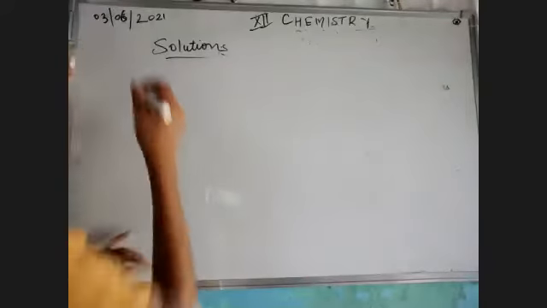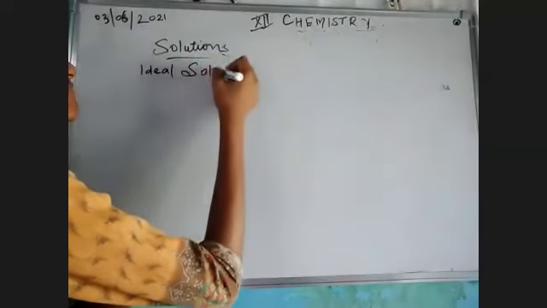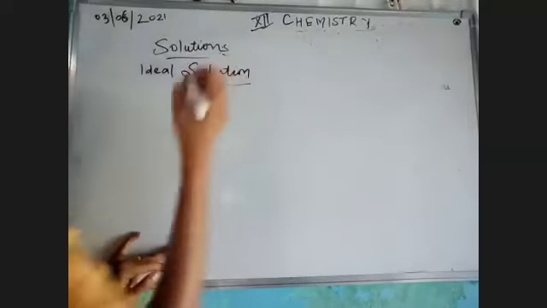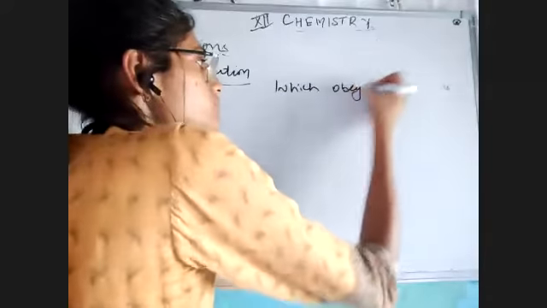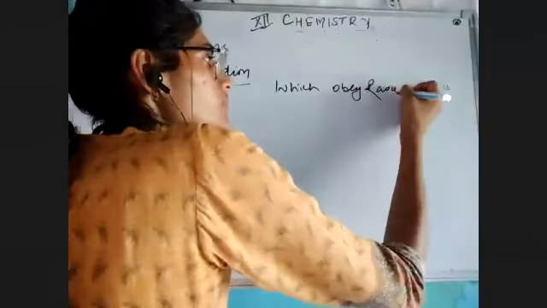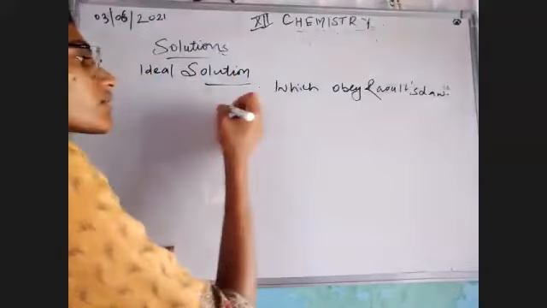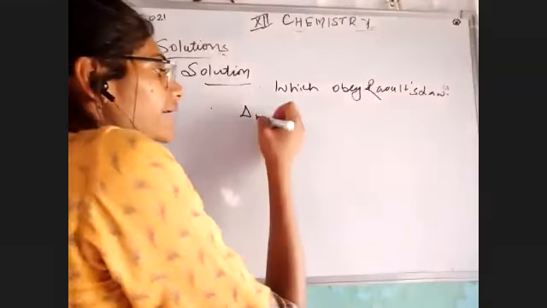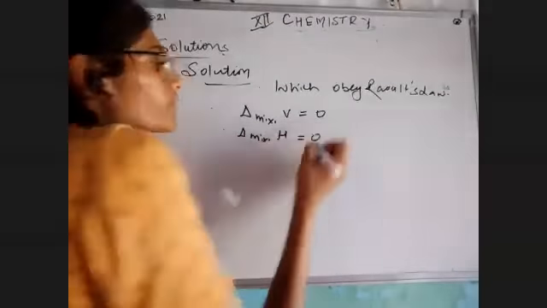Okay, let's start first of all with the ideal solution, which obeys Raoult's law. Second, another important property is that delta mixing volume is equal to 0 and delta mixing enthalpy is equal to 0.